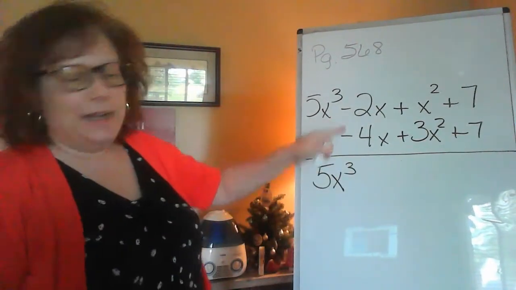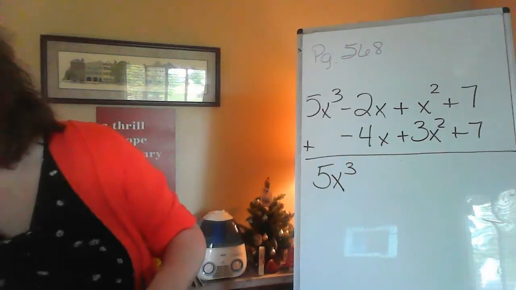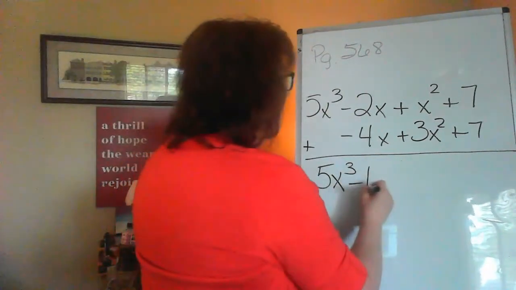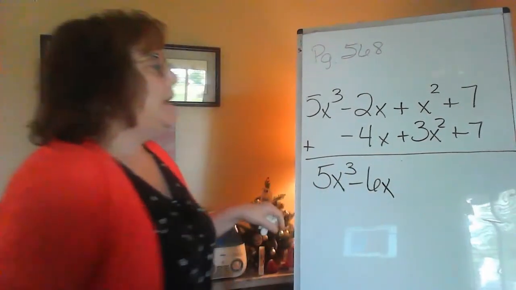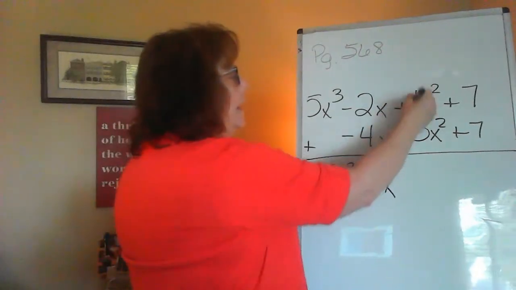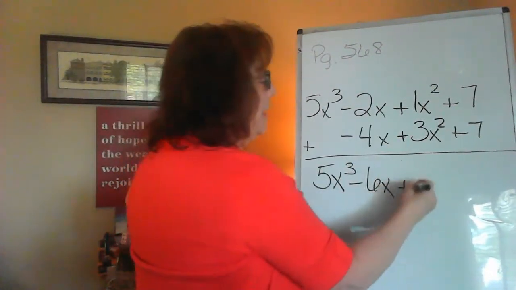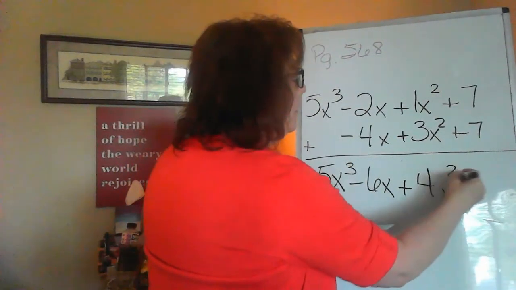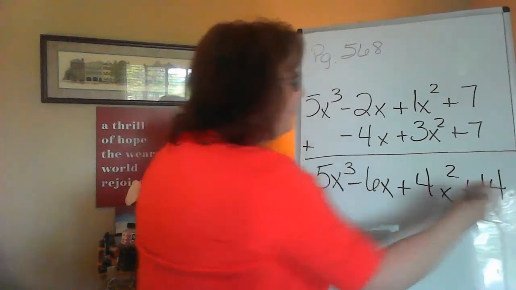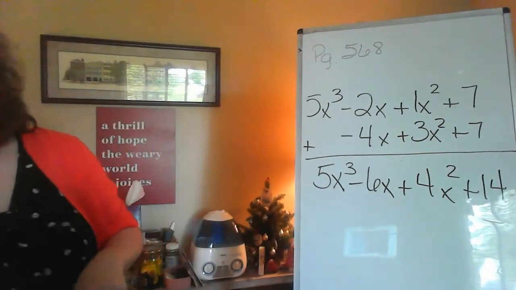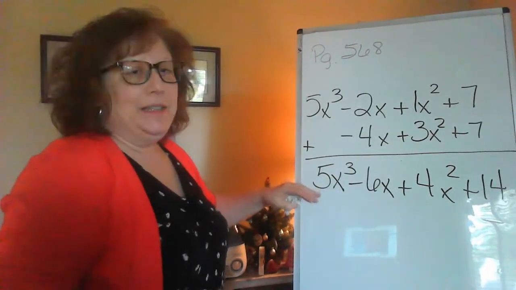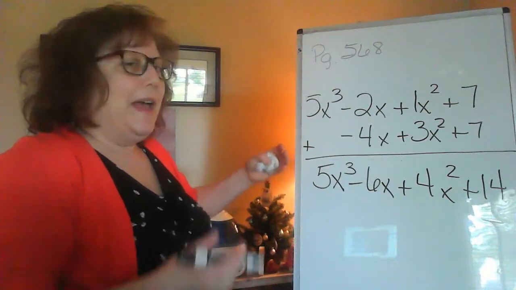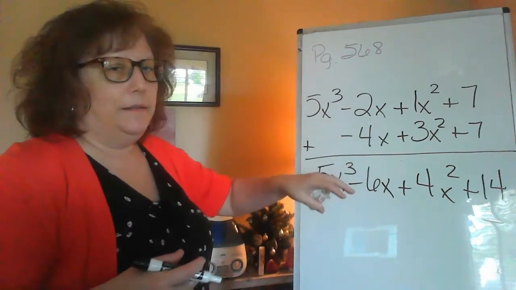I've got a negative 2x and a negative 4x, so I'm going to have minus 6x. Then I have a 1x squared and a 3x squared, so I'm going to have 4x squared plus 14. And that's how I put these together. I'm just adding them, but I'm adding the like degrees, okay?